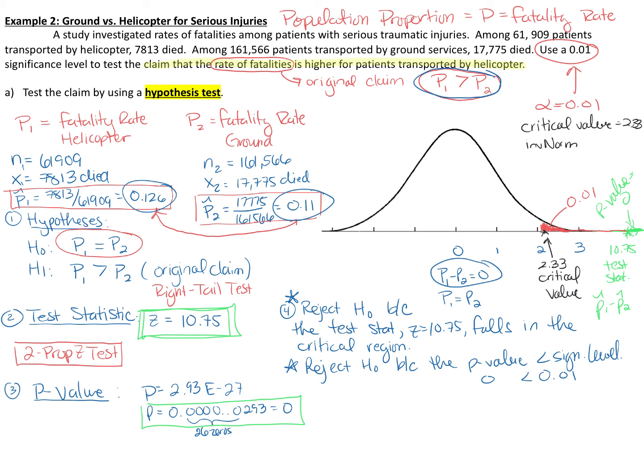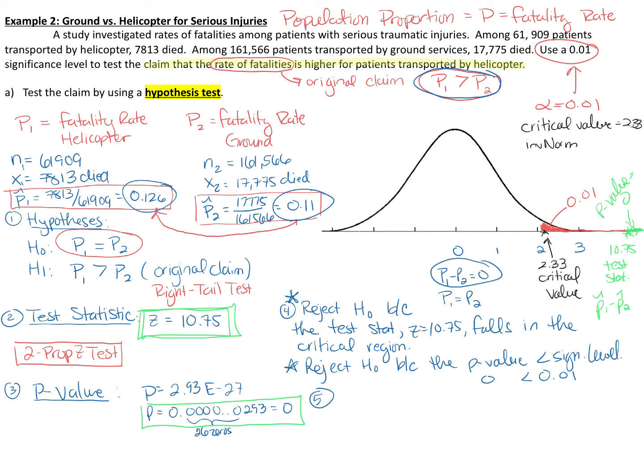Okay, so how do we state the final conclusion? Here, because we reject the null hypothesis, that means that we don't have enough evidence to support that null hypothesis. We're going to reject it. And the original claim is the alternative claim. This means that our evidence is supporting the alternative, which is also the original claim.